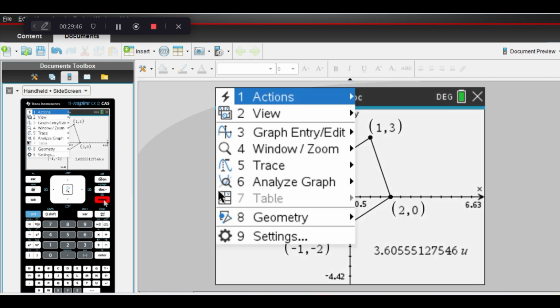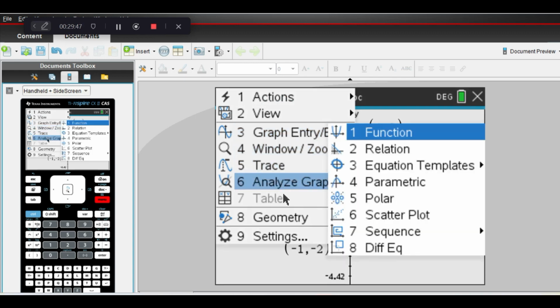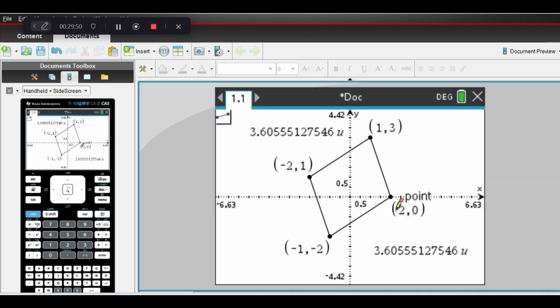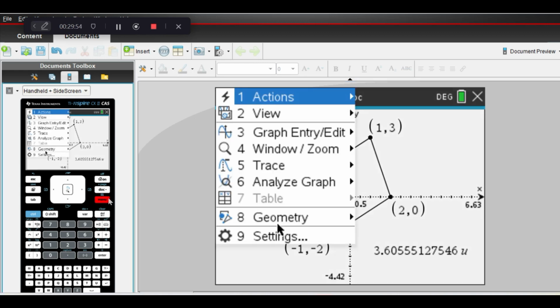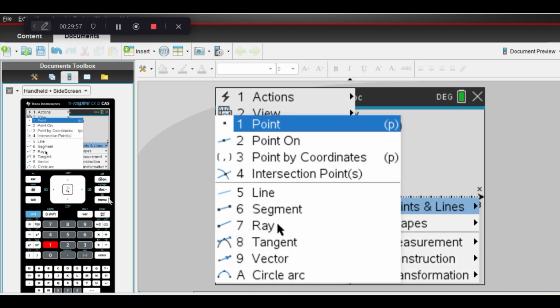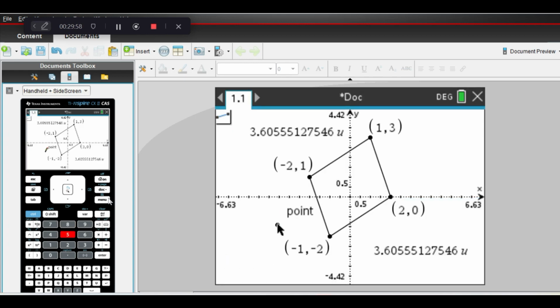Yeah, it won't. So if I draw a line on top of it, so I'll go geometry. Oh boy, try that again. That's why you don't want to click, because these things are funny. Points and lines, and number 5 is a line.